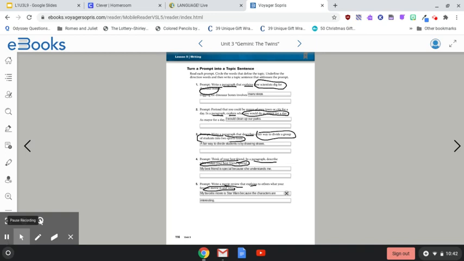Now that we have practiced writing this type of topic sentence, let's look more critically at the writing prompt for this assignment and develop the topic sentence. Let's go back to page 115.